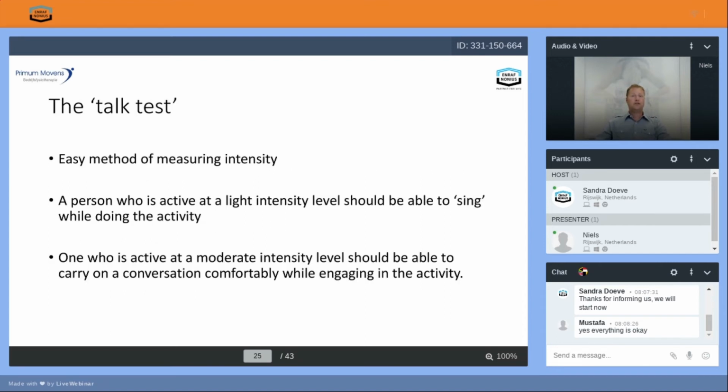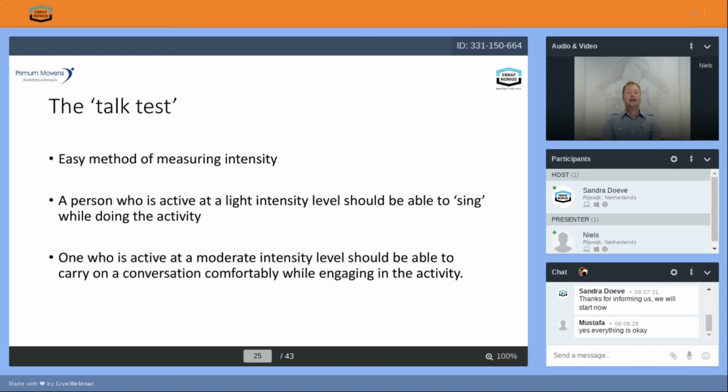The most simple and most easy method of measuring intensity is the so-called talk test. A patient who is active at light intensity levels should be able to sing while doing the activity. This doesn't mean that you should ask all of your patients to sing when they're exercising in your exercise room, because that will be a mess.